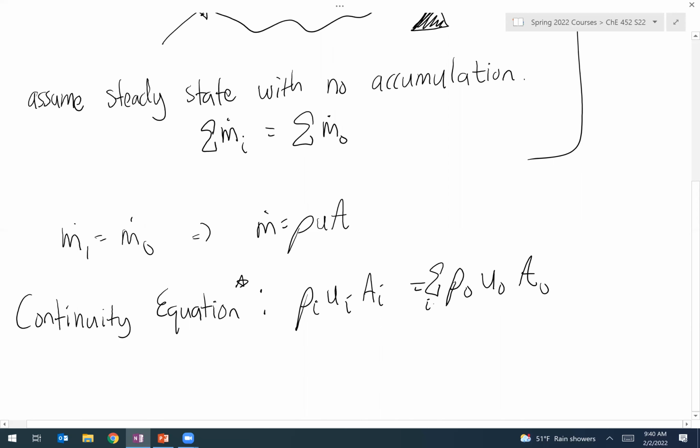And if I wanted to be extremely generic, I can do it over all inputs and outputs, right? I can just perform a summation. For most systems, we're only looking at a few inputs and a few outputs. But you can imagine complex fluid systems having to account for all the inputs and outputs can be a little tricky.